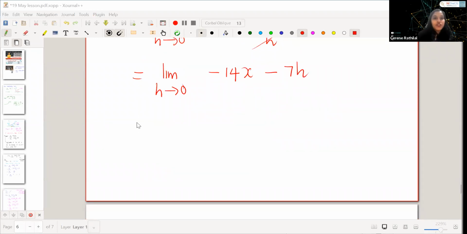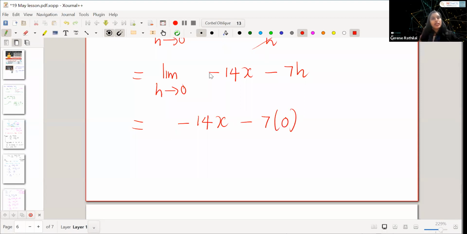And again, we reached a point where we've now reached this polynomial type expression. So in here, we have h approaching 0, and we certainly have h in this polynomial. So it's like a polynomial in h, where x is regarded as a constant in a sense. And so we can do the substitution. So this becomes negative 14x minus 7 times 0.